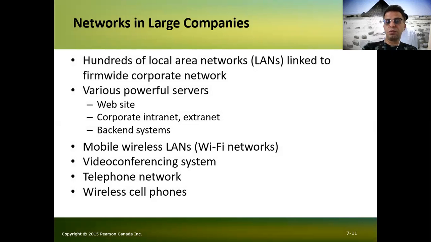In larger companies, with a bigger network, we have hundreds of local networks, which are called LANs. Small LANs make a wider one, which is a WAN. So hundreds of local networks are linked to the firm-wide corporate network.